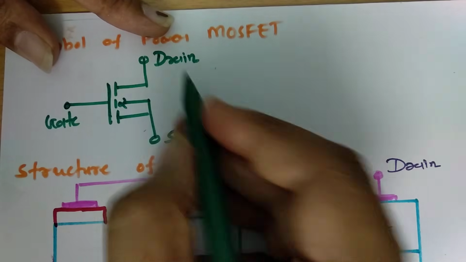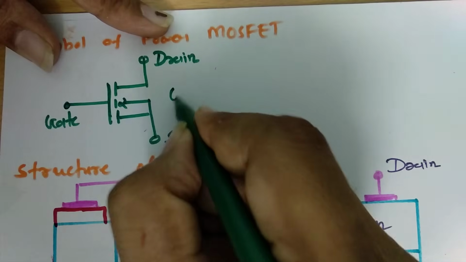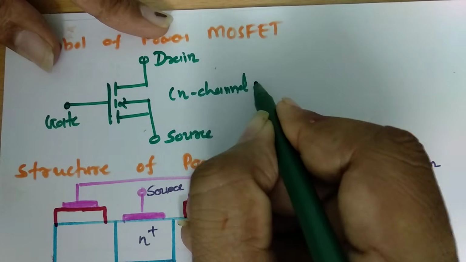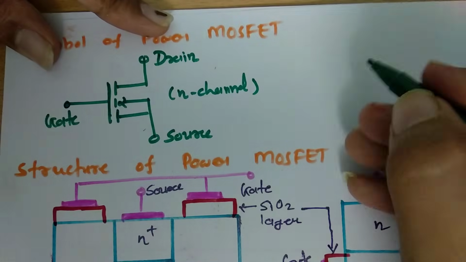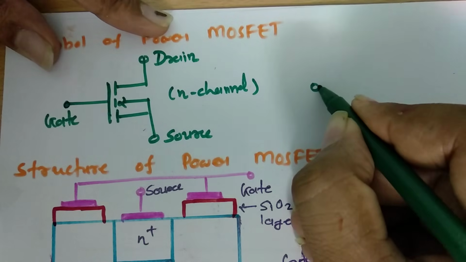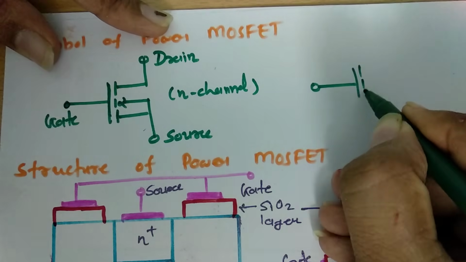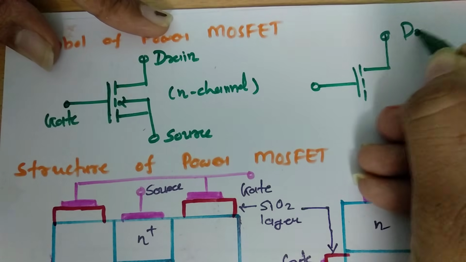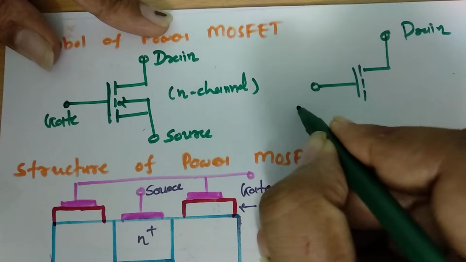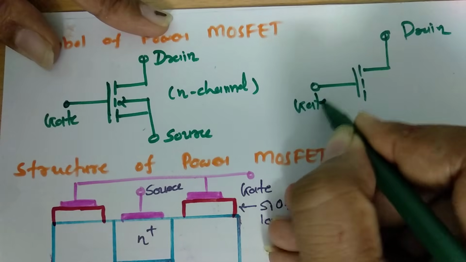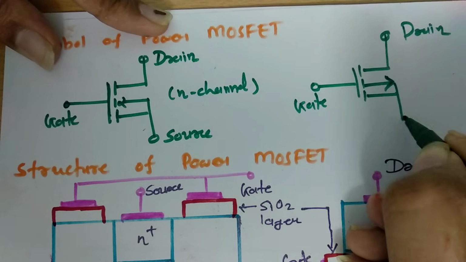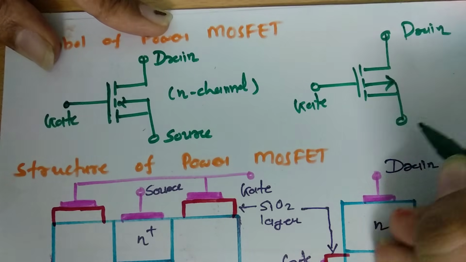This symbol is for N channel. And for P channel, this is drain, this is gate, and the arrow will be in the outward direction.